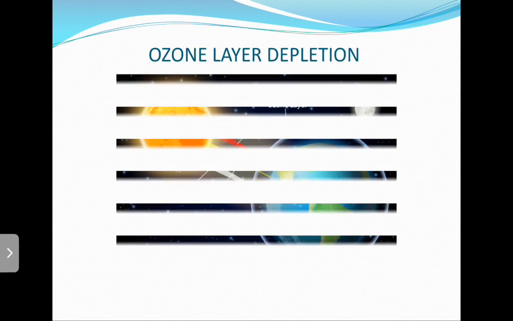So for ozone layer depletion, you see from this picture, the sun's ultraviolet rays, maybe A type, B type, C type, how they impact the earth. If the ozone layer is there, definitely it does not allow this UV ray to penetrate to the earth, and it protects the earth from this UV radiation.